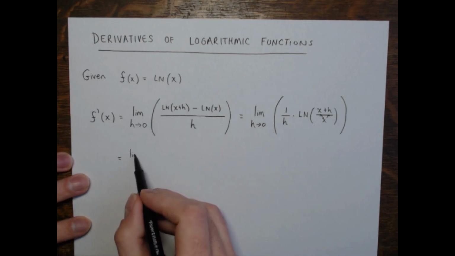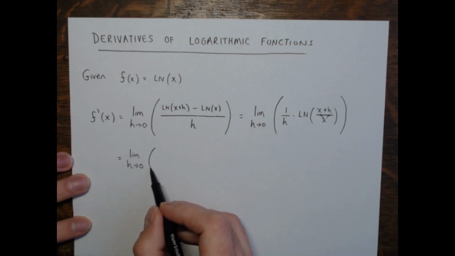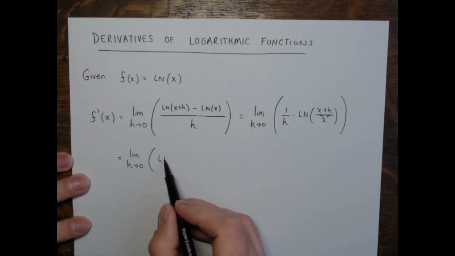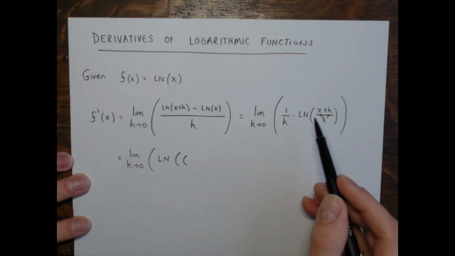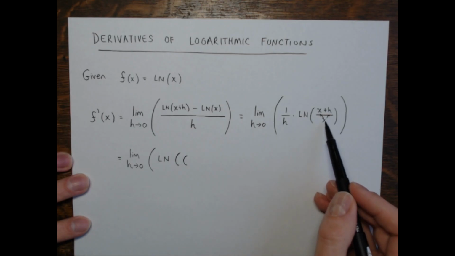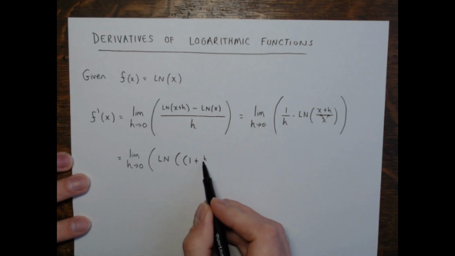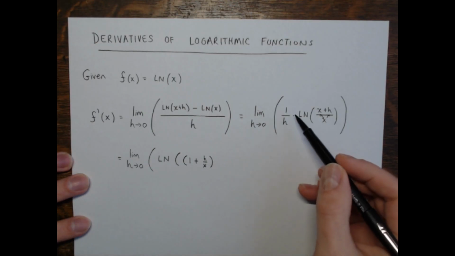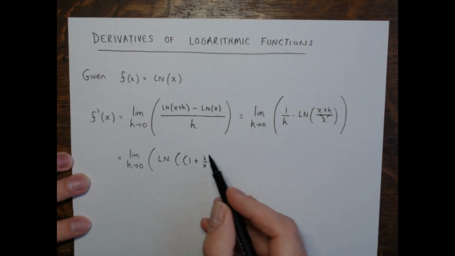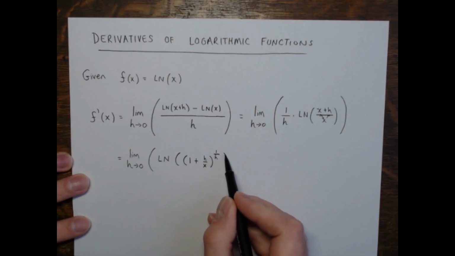So we have the limit as h approaches 0 of now the natural logarithm of, and when you divide x plus h, each of those by x, that would be 1 plus h over x for the base, and then this 1 over h going inside as the power, so raised to the 1 over h power.